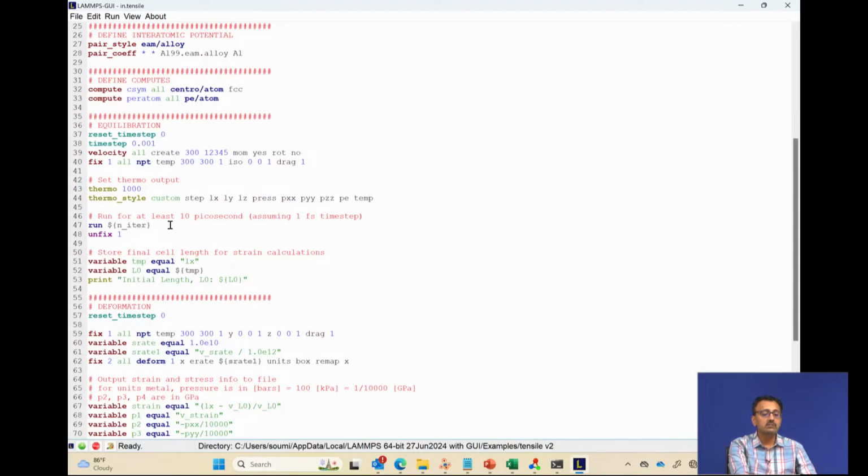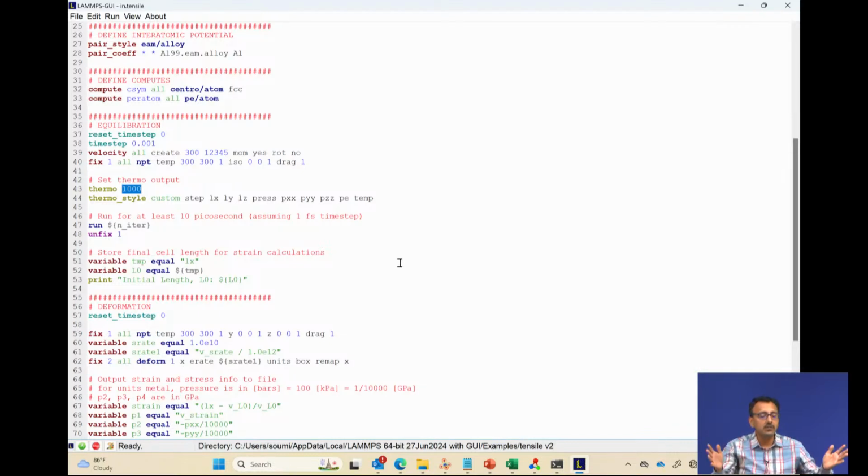Once again, we want at the end of this calculation to output various parameters, energy parameters of this system. In this case, we choose to write at every 1000 steps of the calculation, which is every picosecond, 1000 times 1 femtosecond, right. We want to write the dimensions of the box, the pressure, potential energy and temperature, etc. If you look up the LAMMPS manual, we are certainly not limited to these.